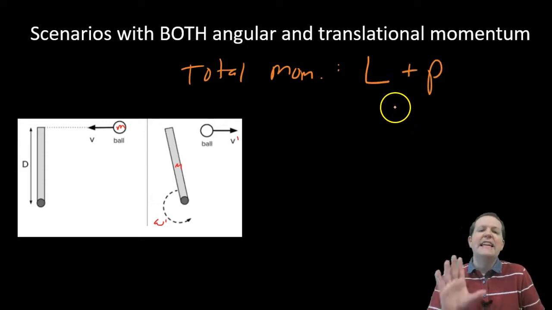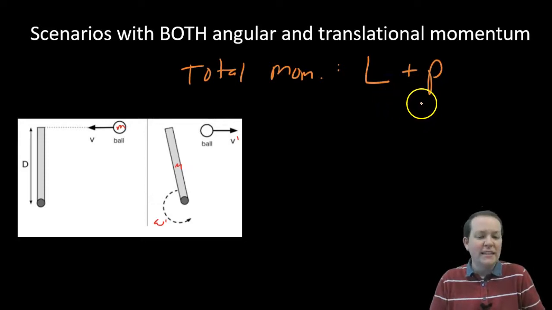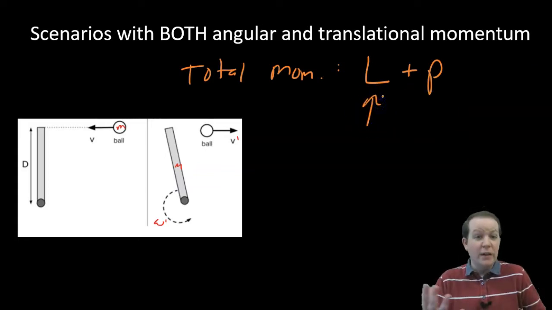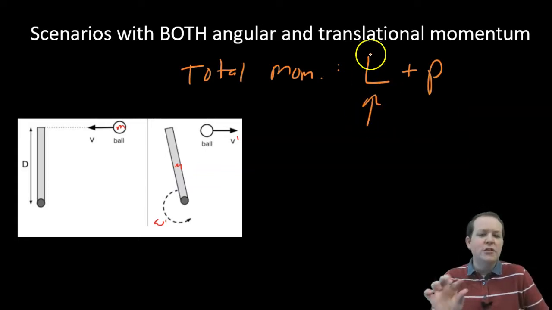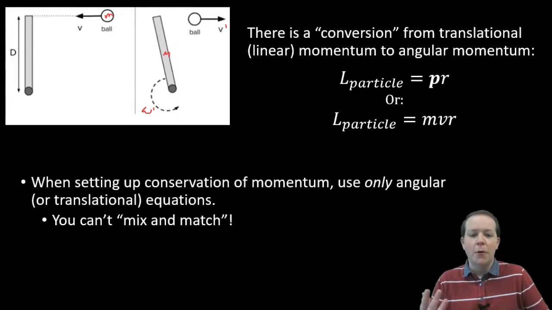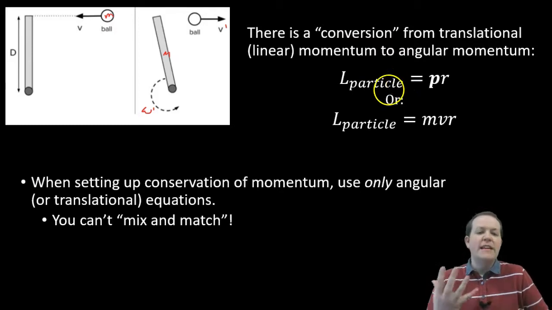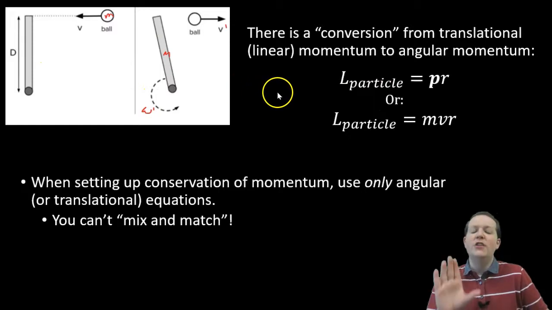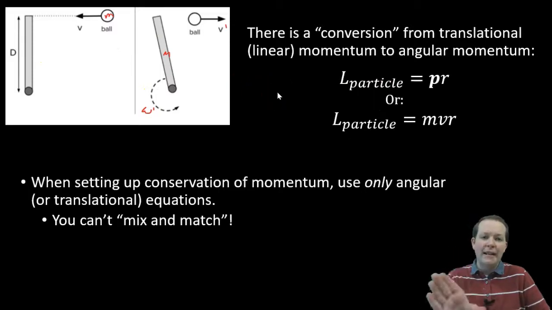I have to either use angular momentum quantities or only use translational, and we're going to go with this. We saw that even for things moving in a straight line, I could write it as angular momentum, okay? So, using these conversions, we can set up conservation of momentum for a scenario like this and just use angular momentum equations.